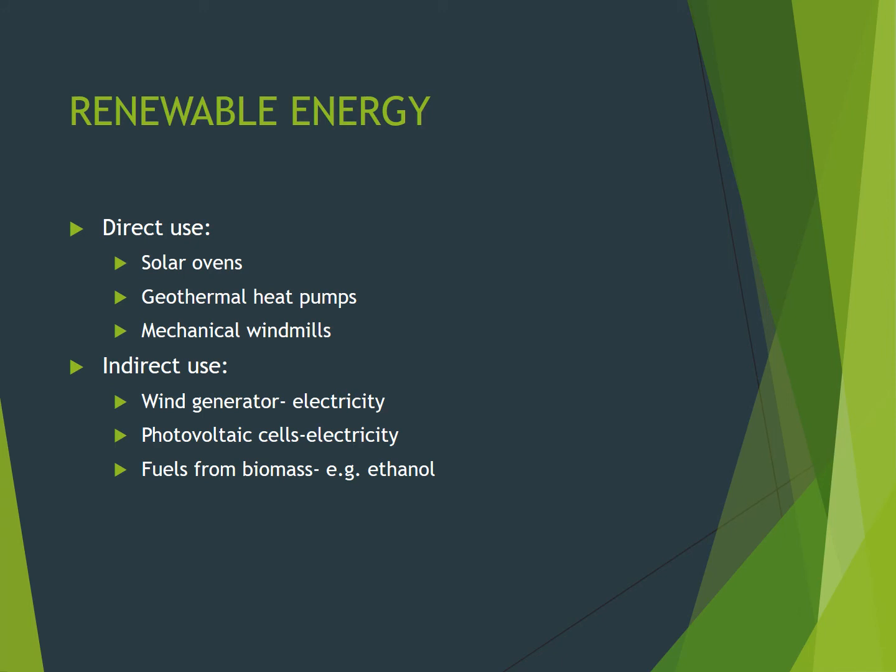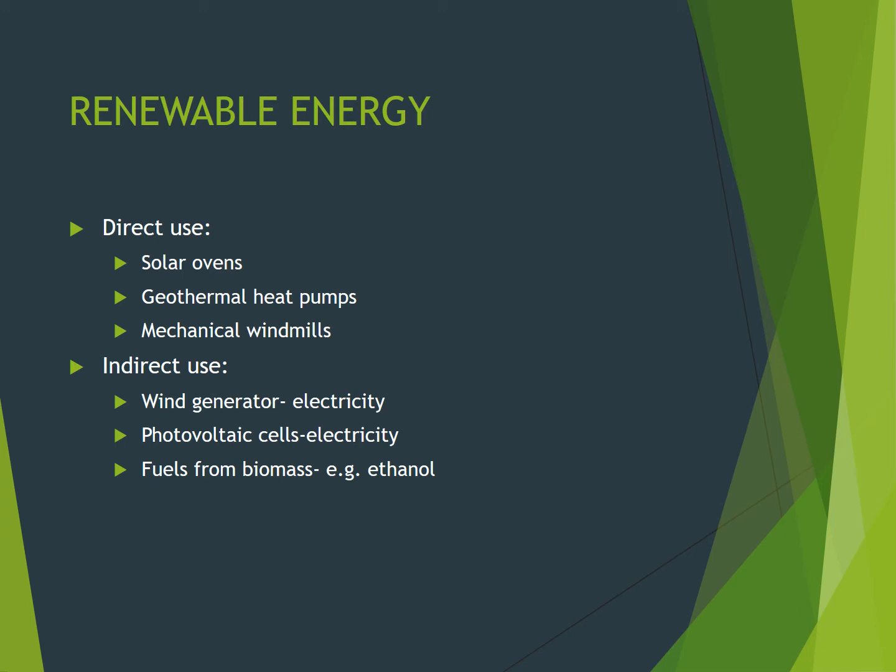Okay, even in renewable energy, you can classify them into two types of use: direct use and indirect use. Direct use means that you can use the energy as it is. For example, when we were in primary school, we used lenses, magnifying glasses to burn stuff, to burn papers, and so on and so forth. We use the energy directly.